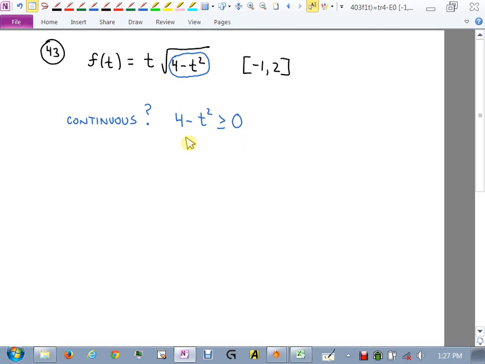This has to be greater than or equal to 2. I mean, what? Just scratch what I just said. 4 minus t squared must be greater than or equal to 0. Right? That's what we're saying. Now, I want to go through this because I need to make sure that you know how to solve this correctly, because this is not a quadratic equation.